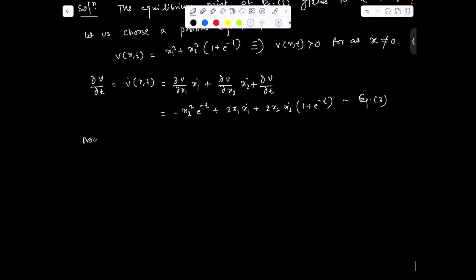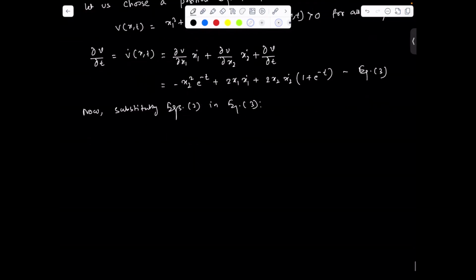Now, substituting equation 2 in equation 3, we have dV/dt equal to minus x2 square e to the minus t plus 2x1 (minus x1 minus x1 minus x2 e to the minus t) and plus 2x2 (1 plus e to the minus t) (x1 minus x2).